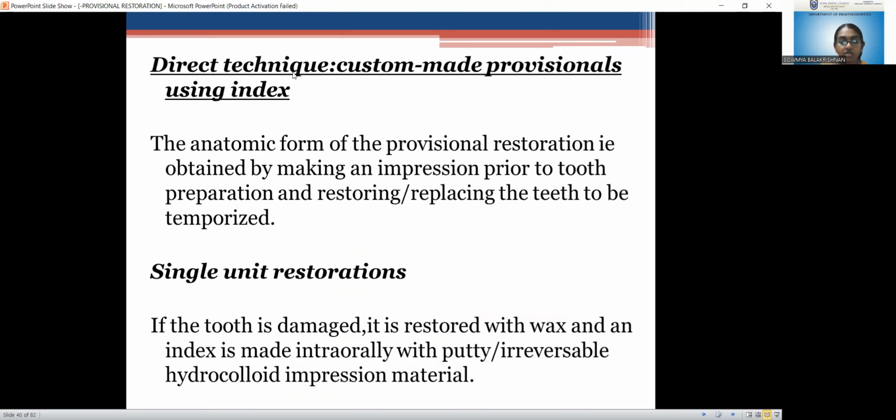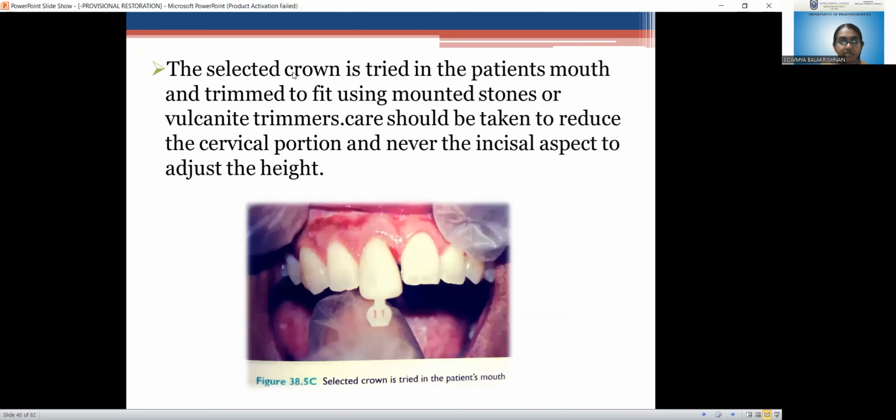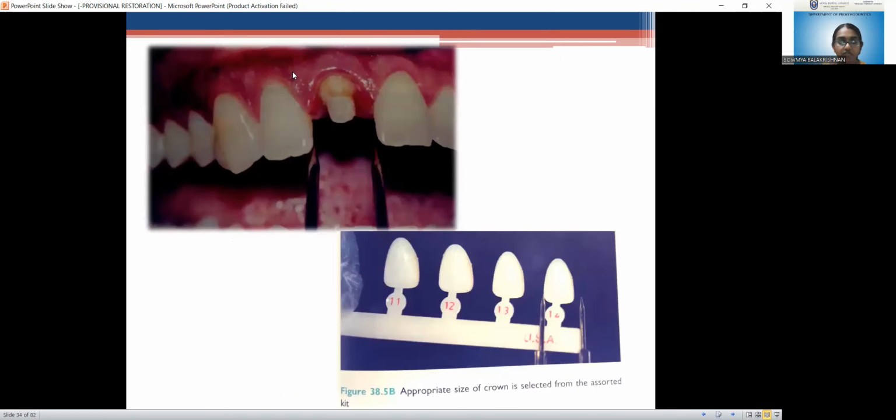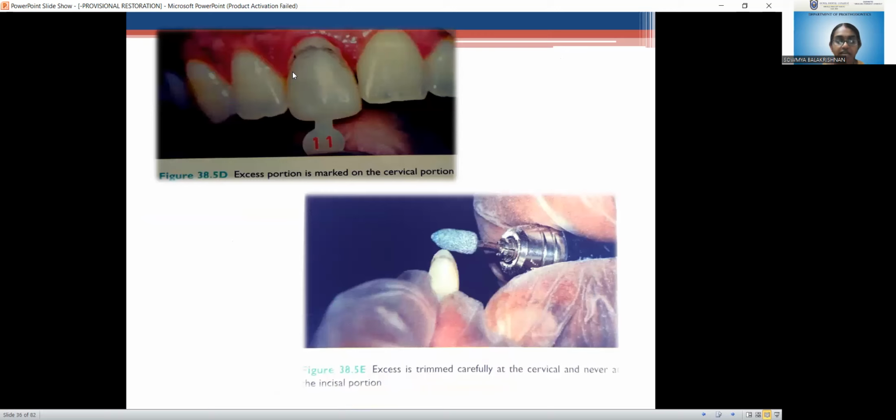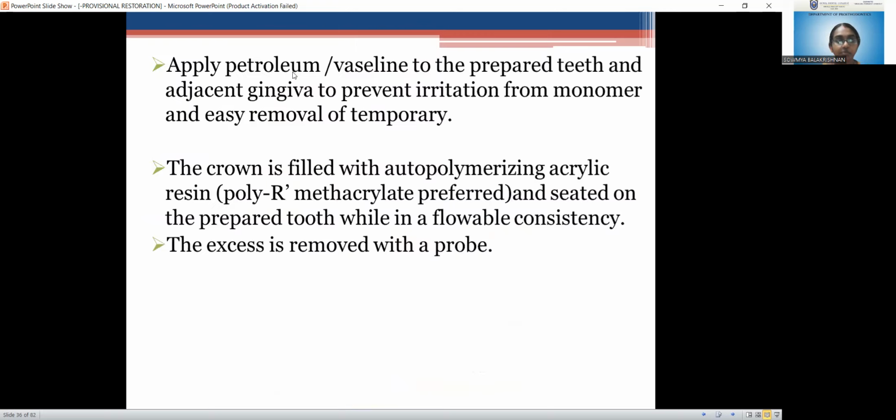So this is how the direct technique works: we measure the mesiodistal as well as the occlusocervical height, compare that measurement and select an appropriate size from the assorted kit. Then we try it inside the patient's mouth, and if there is excess length, always trim from the cervical portion.